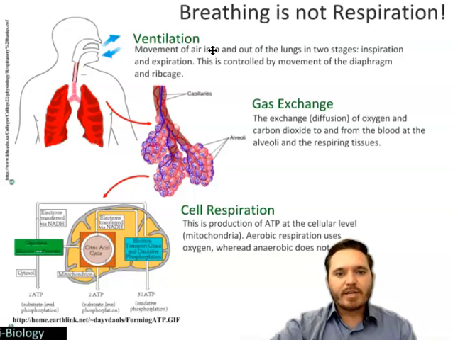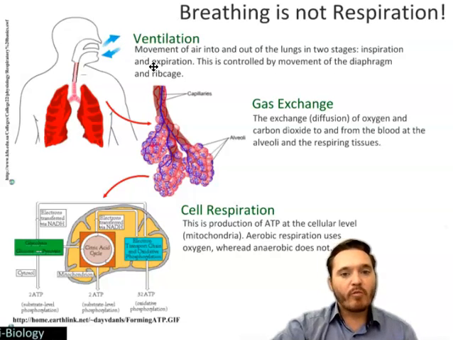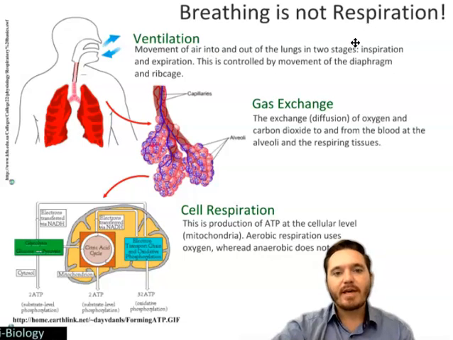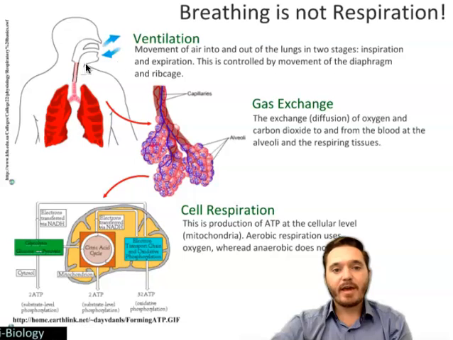So ventilation is simply just that movement of the air into and out of the lungs, okay? And it happens in two different phases, inspiration and expiration. For ventilation, the air is now going to be in the alveoli, and there's going to be a gas exchange that occurs. So you've got oxygen traveling from inside the alveoli into the capillaries that are surrounding the alveoli.